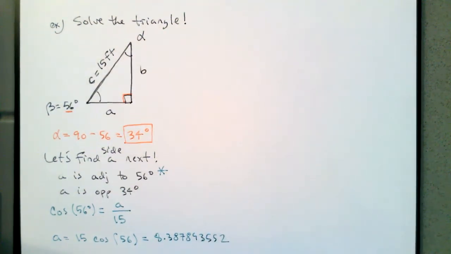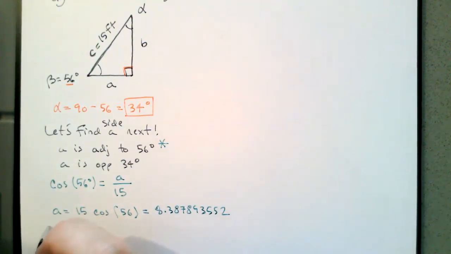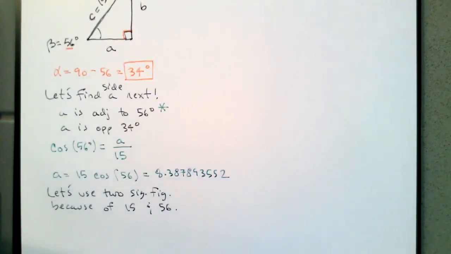The given 15 and 56 indicate that I should use 2 significant figures. So it'll be 8 point something.